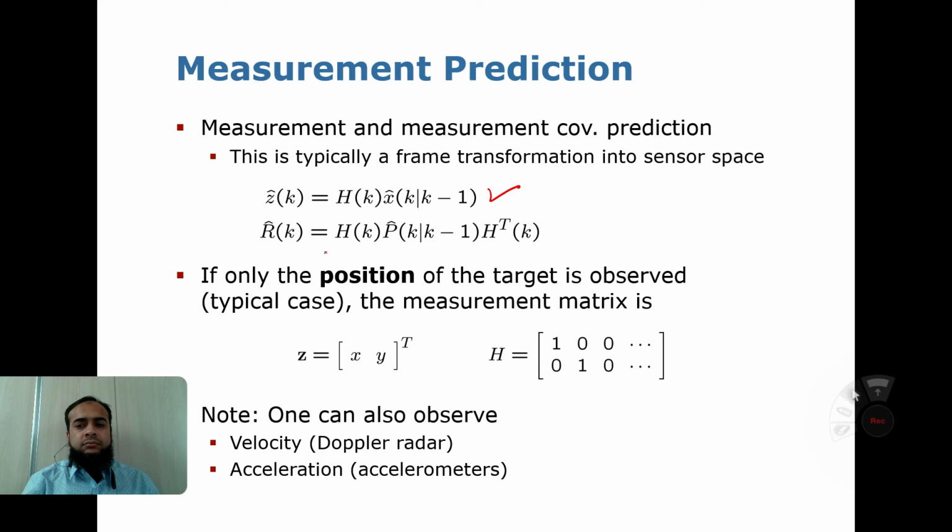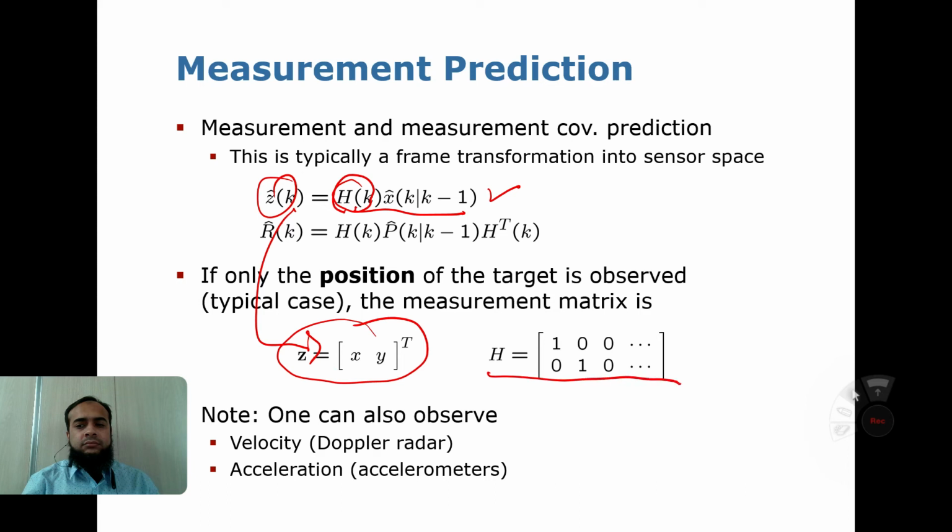If only the position of the target is observed, then we use this one. If we multiply this, then this is the two-dimensional position. And here H is this one. One can also observe velocity and acceleration using the accelerometer, and the velocity using the Doppler radar.